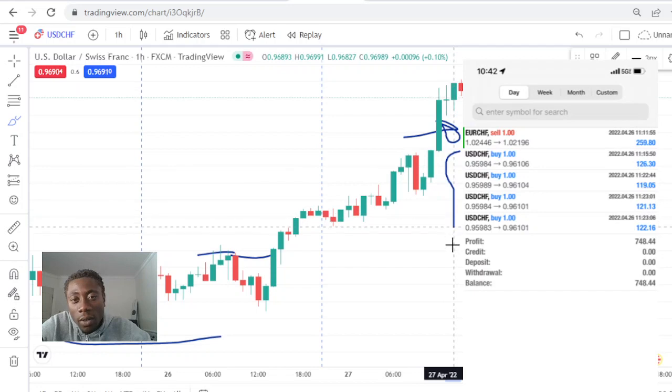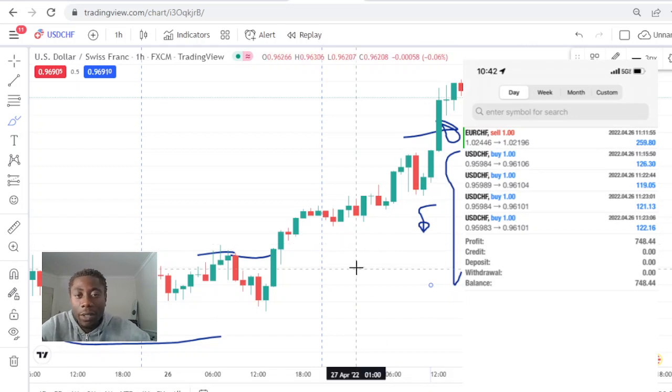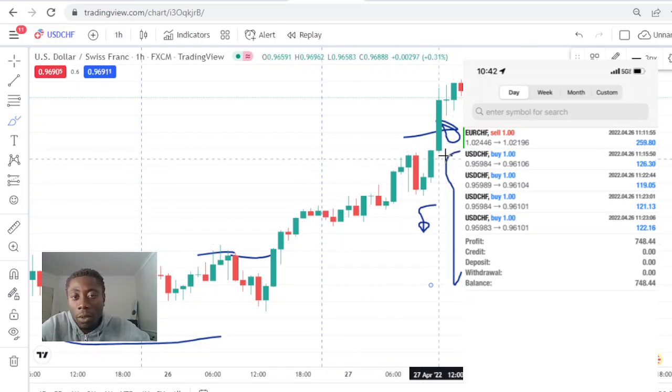These right here, although they look cool, they can bring you down in the long run. So pay more attention to the planned out, thorough trades. Don't chase these kinds of trades.